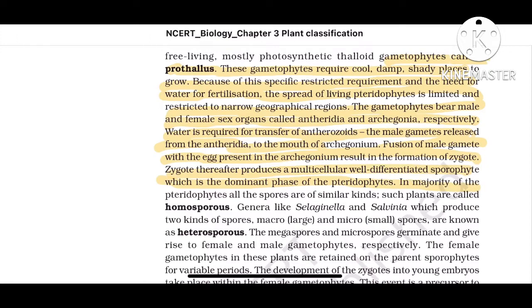In the majority of pteridophytes, all the spores are of similar kinds. Such plants are called homosporous. Genera like Selaginella and Salvinia, which produce two kinds of spores, macro, that is large, and micro, that is small, spores, are known as heterosporous. The megaspores and microspores germinate and give rise to female and male gametophytes respectively.